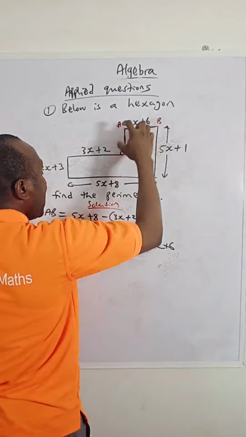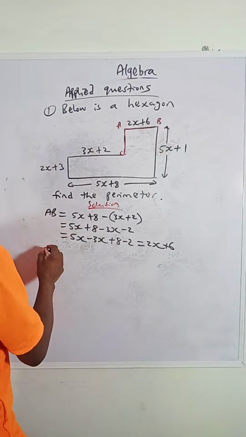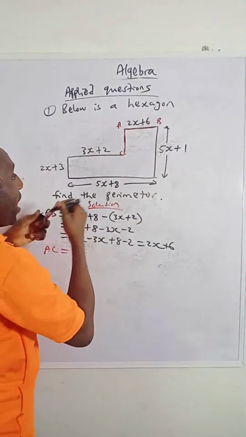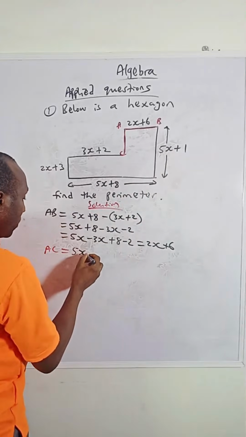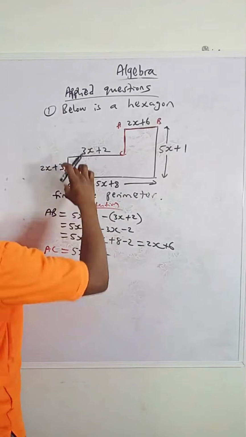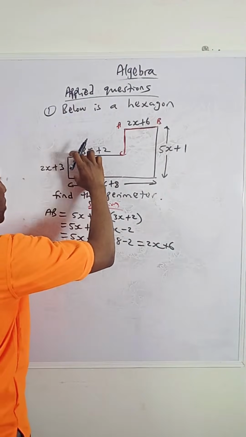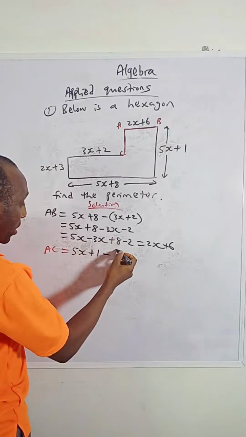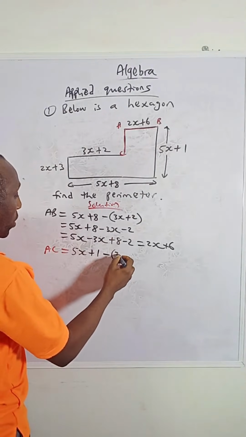So AC will be equal to 5x plus 1 minus 2x plus 3. If you remove this from this, what you have left is AC. You have to be careful and close it in a bracket like before. So 2x plus 3.